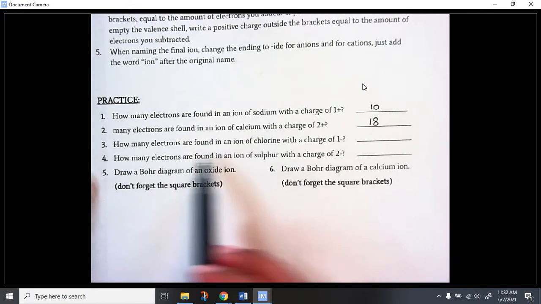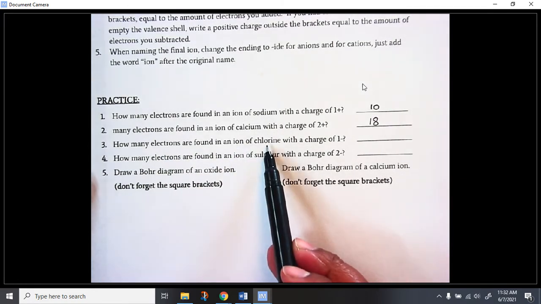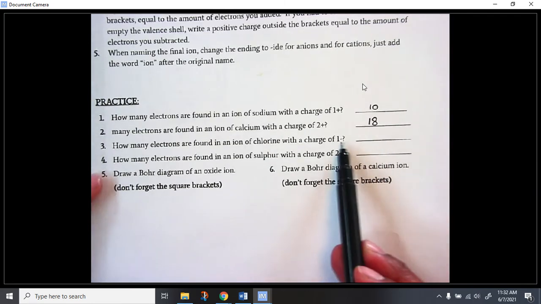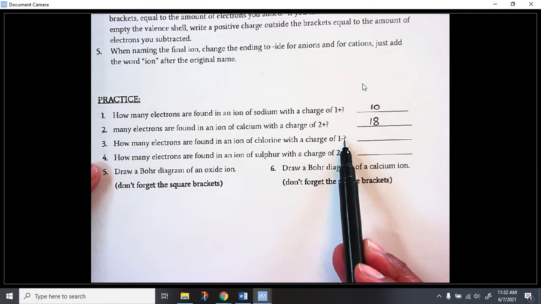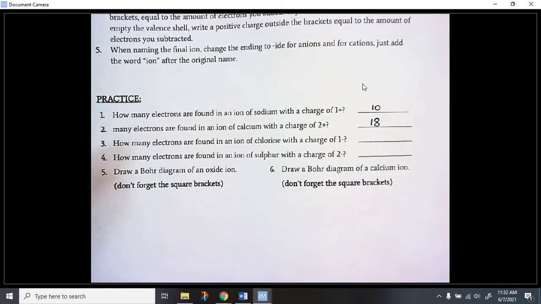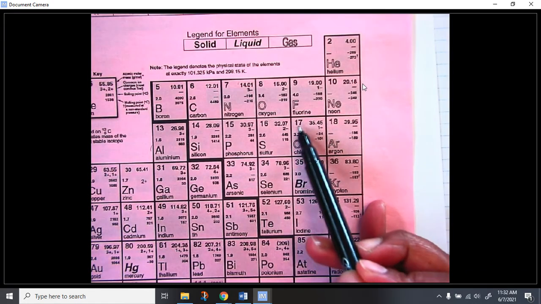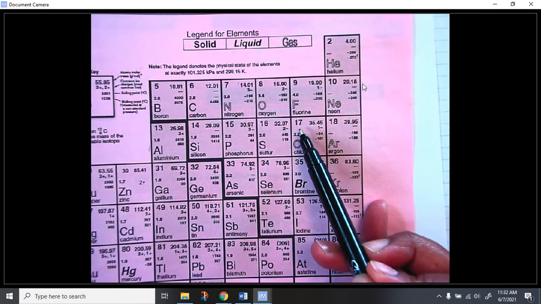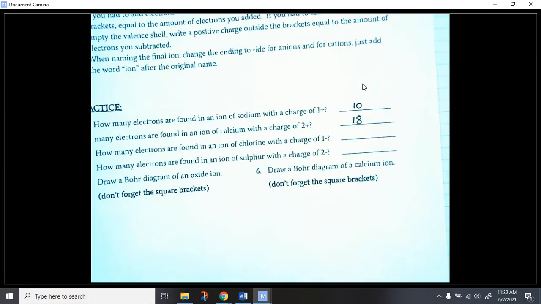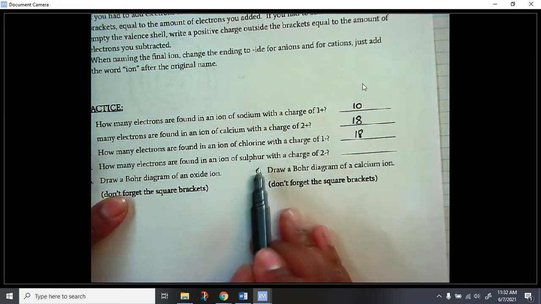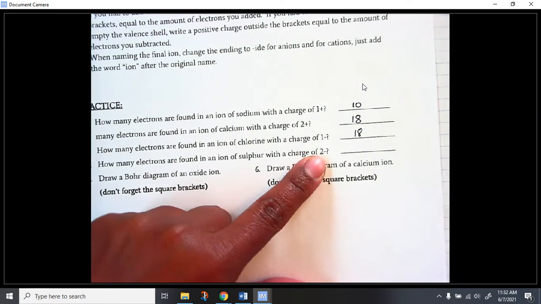How many electrons are found in an ion of chlorine with 1 negative? 1 negative means it gained an electron. Chlorine normally had 17, so with that 1 negative, it gained 1, so it's going to become 18.